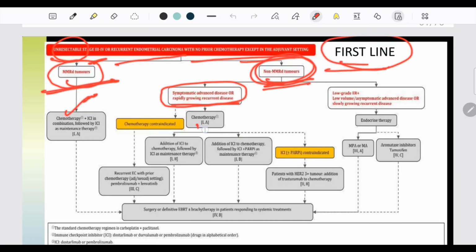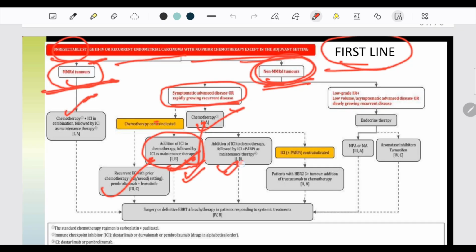If chemotherapy can be given, then it is the preferred one. If contraindicated, then pembrolizumab plus lenvatinib should be given. And addition of immune checkpoint inhibitor to chemotherapy followed by immune checkpoint inhibitor as maintenance therapy can be an option. And addition of immune checkpoint inhibitor to chemotherapy followed by immune checkpoint inhibitor plus PARP inhibitor as maintenance therapy is also an option.